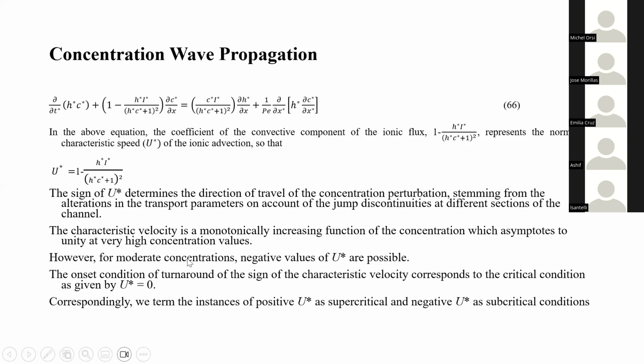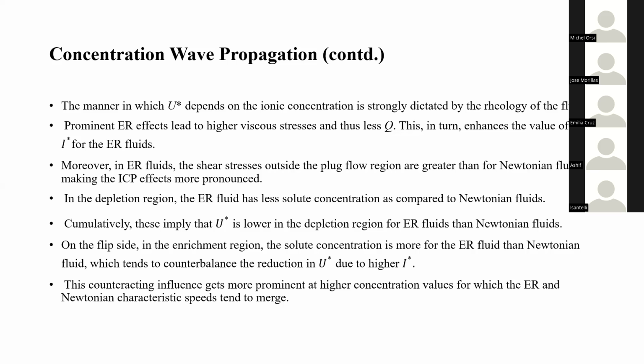However, for moderate concentrations, negative values of U star are possible. The onset condition of the turnaround region of the sign of the characteristic velocity corresponds to the critical condition given by U star equals 0. Correspondingly, we term instances of positive U star as supercritical and negative U star as subcritical conditions.